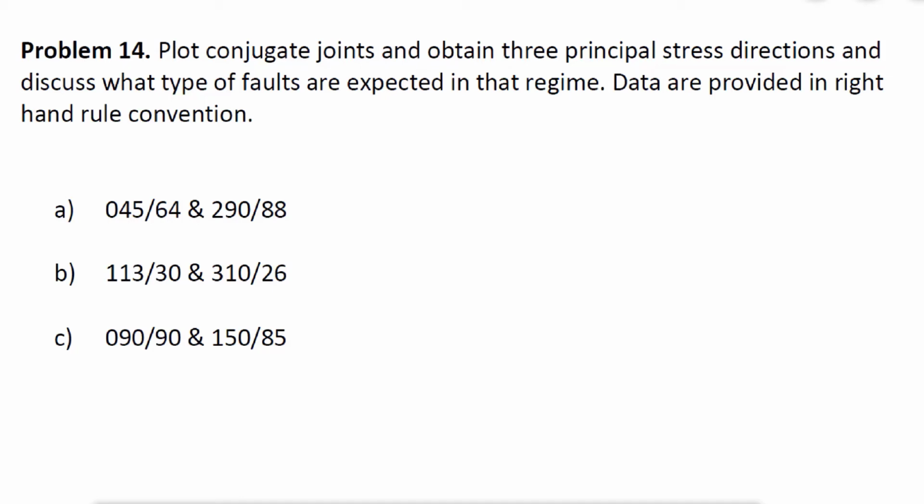In problem 14, we have three sets of conjugate fractures, and we are going to plot them on a Stereonet and find out the trend and plunge of principal stress directions, which are sigma 1, sigma 2, and sigma 3.